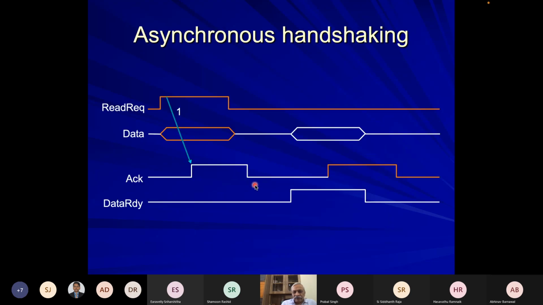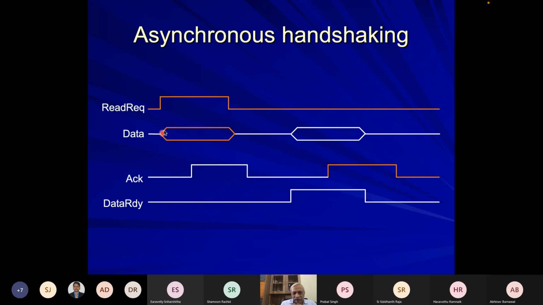In asynchronous bus, all the events happen at independent times. They are not synchronized with any clock. So we took one illustrative example where the initiator is sending a read request.